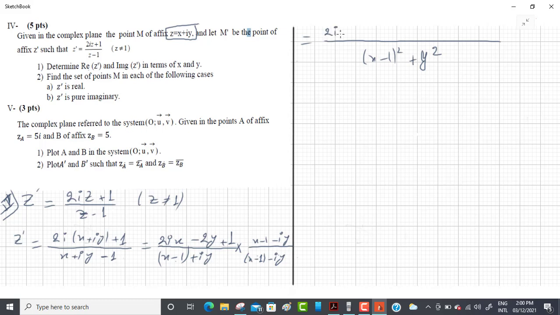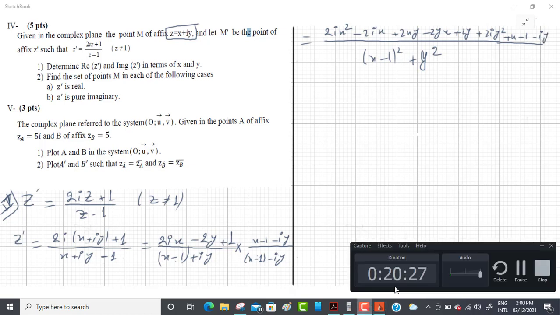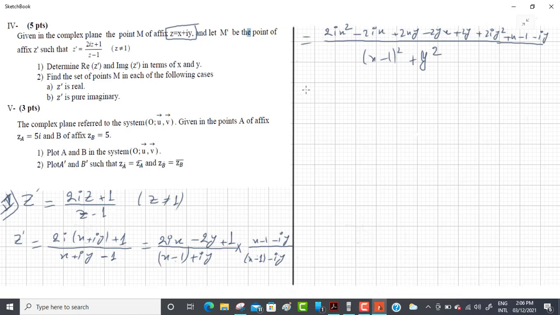The numerator: 2ix square minus 2ix minus 2i square xy plus 2xy minus 2yx plus 2y plus 2i y square, plus x minus 1 minus iy. So we have to reduce the terms.